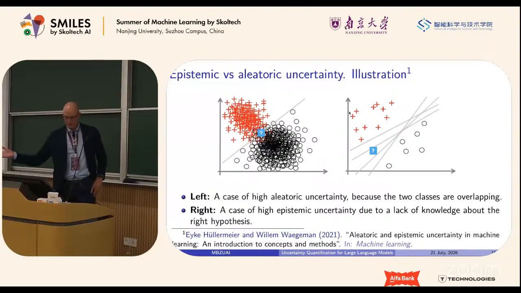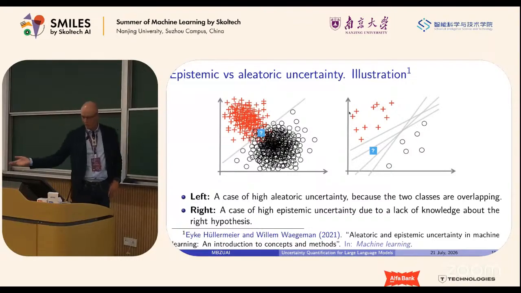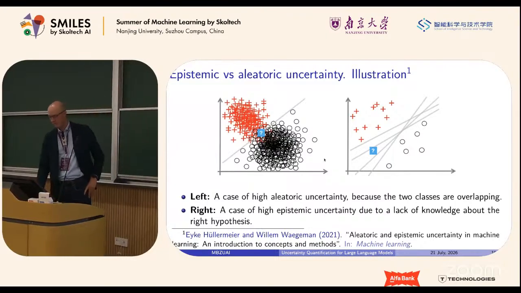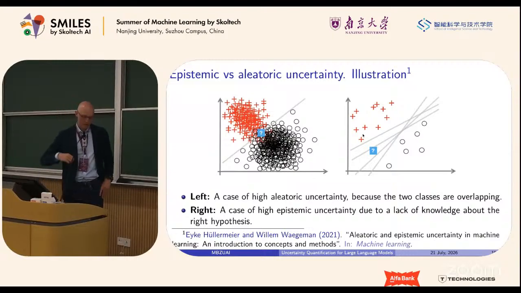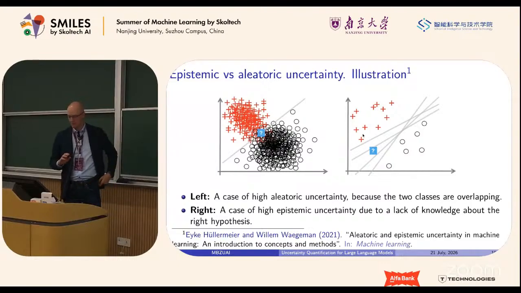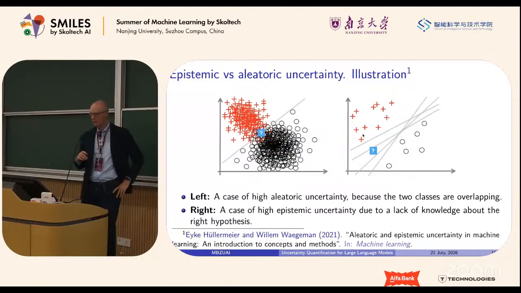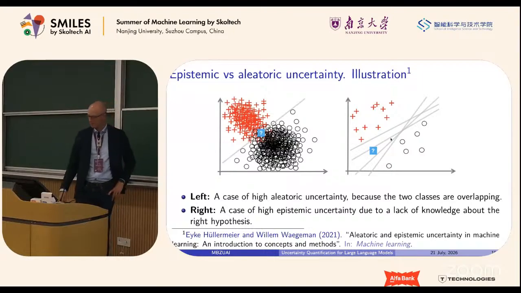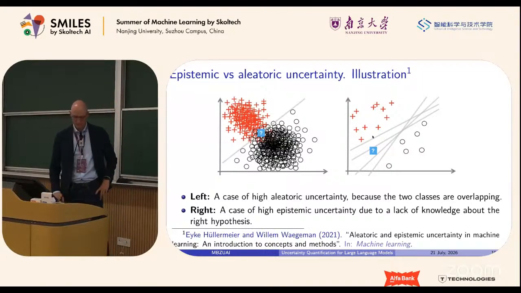On the right side, we now have much less data, and we are much more uncertain about how to draw this decision boundary. On the left side, we can draw the decision boundary in probably only one optimal way. But on the right side, we can draw this decision boundary in multiple different ways, and that's exactly an illustration that we have a lack of knowledge about the parameters of our model.